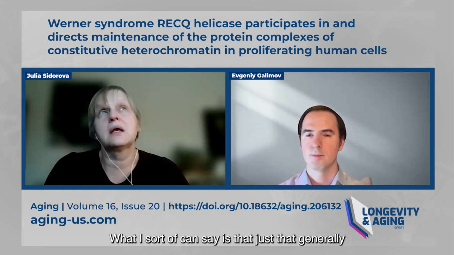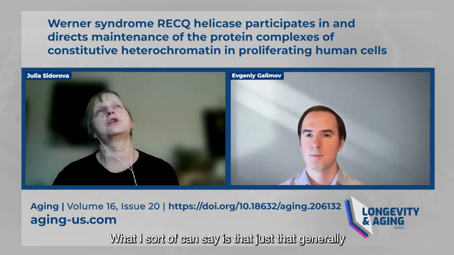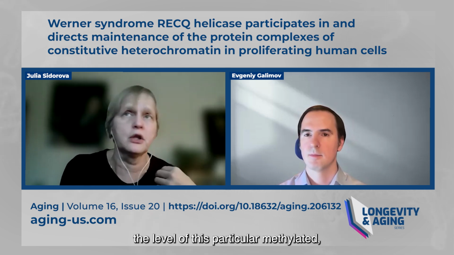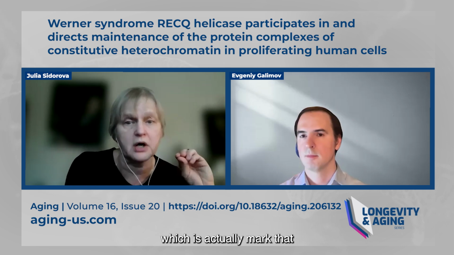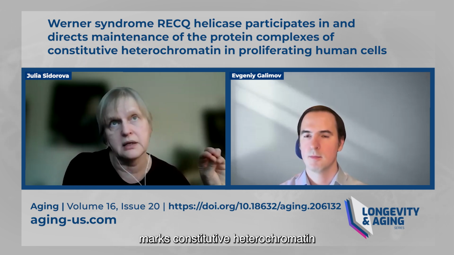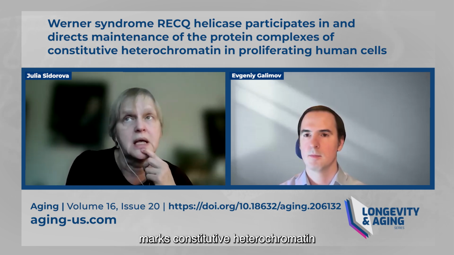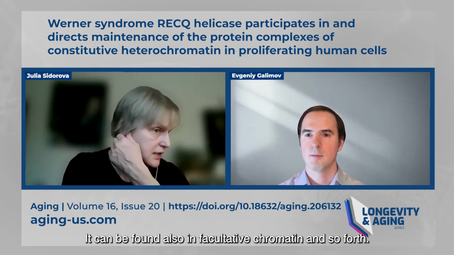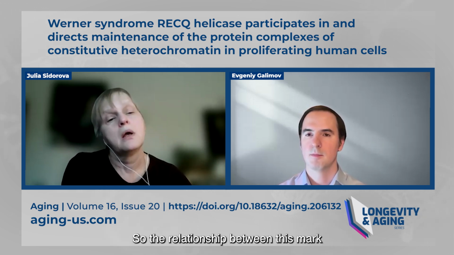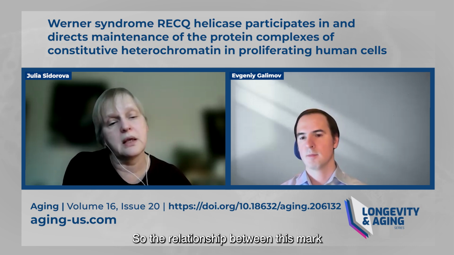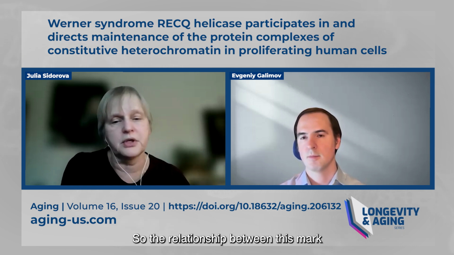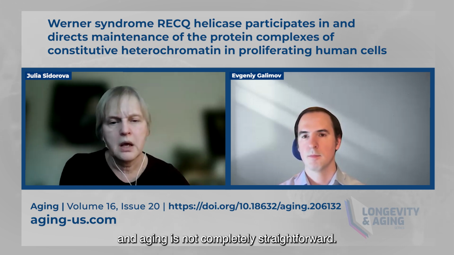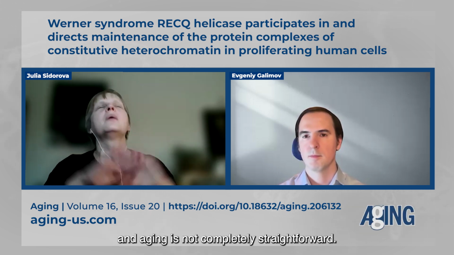What I can say is that generally the level of this particular trimethylated histone mark, which marks constitutive heterochromatin, but is actually present elsewhere, can be found also in facultative chromatin and so forth. So the relationship between this mark and aging is not completely straightforward.